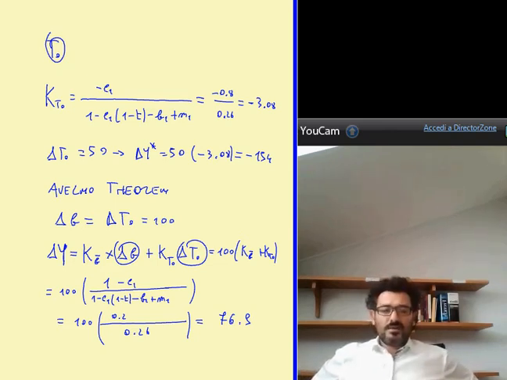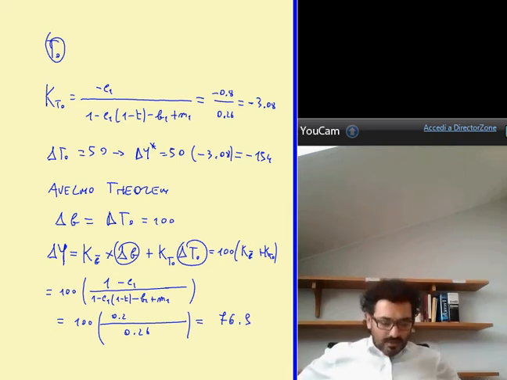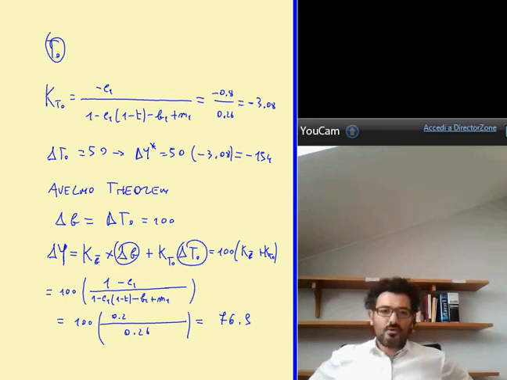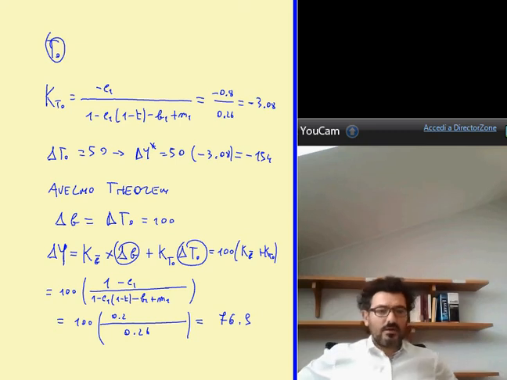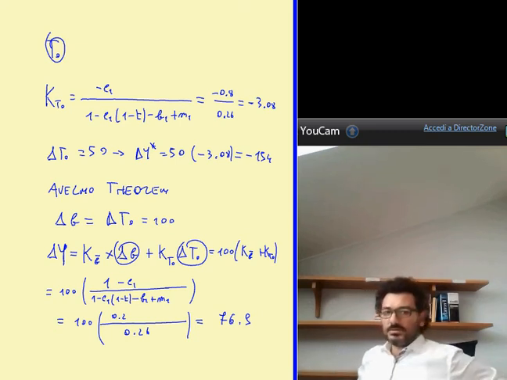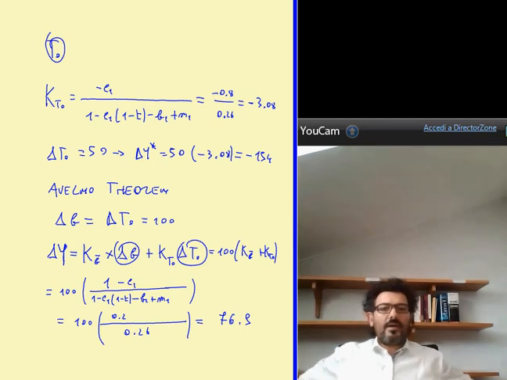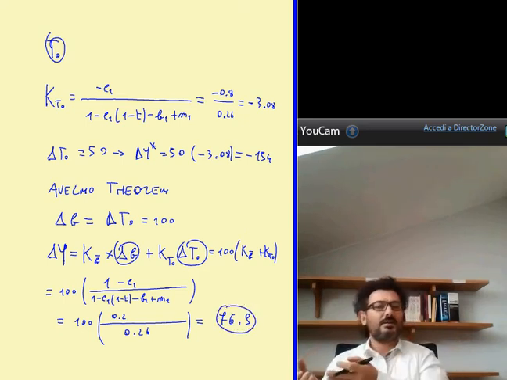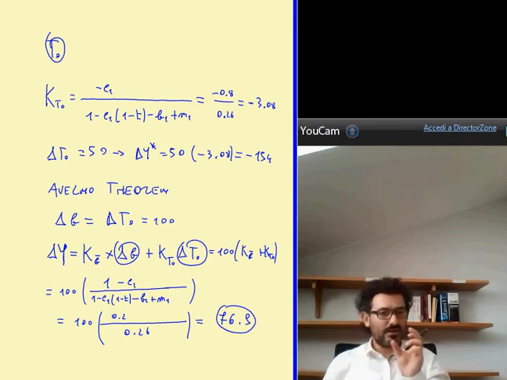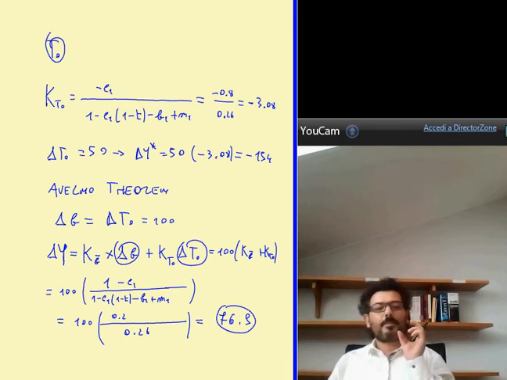But how should this affect the government balance or the government saving? In this case, it's easy to show that the effect is positive on the government balance, because you have an equal increase in T0 and G, but because of the increase in GDP, you also have an increase in taxes, because there is a part of taxes that depends on income.